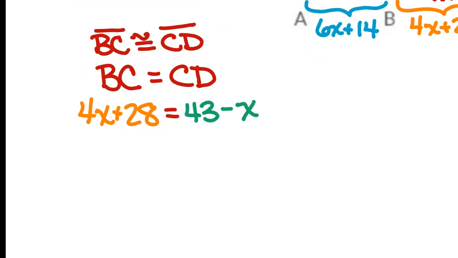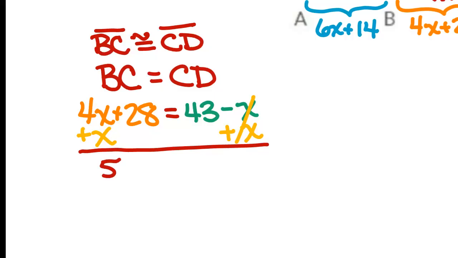All right, I want to get my x's on the same side, so what do I need to do? Add 1x to both sides. 4x plus x gives me 5x. Okay, 5x plus 28 equals 43.